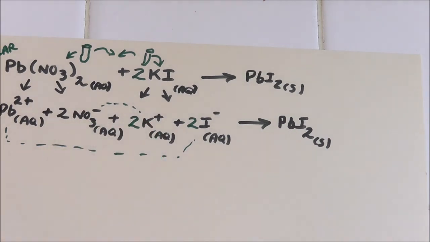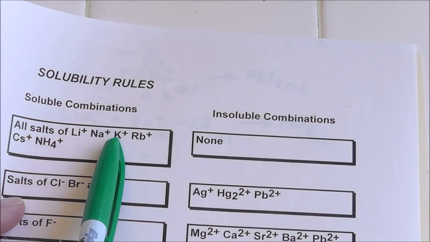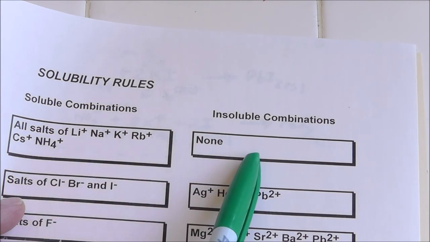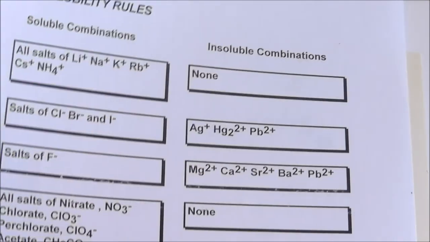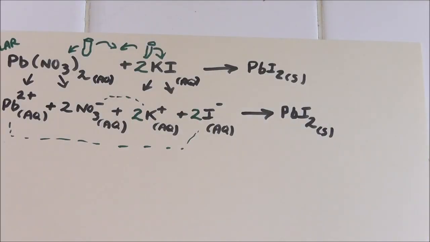But if you go look at the solubility rules, you've got two things pointing to no. K+ is insoluble with nothing. NO3- is insoluble with nothing. And so this is going to just stay the same form on the right.